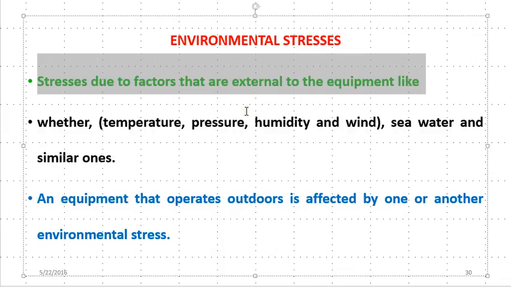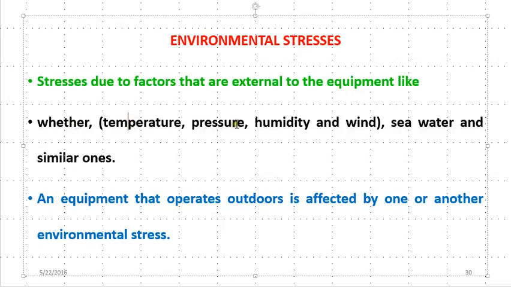There is no way you can live in a place and say nothing of that place has any influence on you. So they can be affected by weather, which includes temperature, pressure, humidity, wind, and also by the salinity of seawater and similar environmental factors. And whenever the equipment is affected by these factors, definitely its level of reliability is going to reduce.